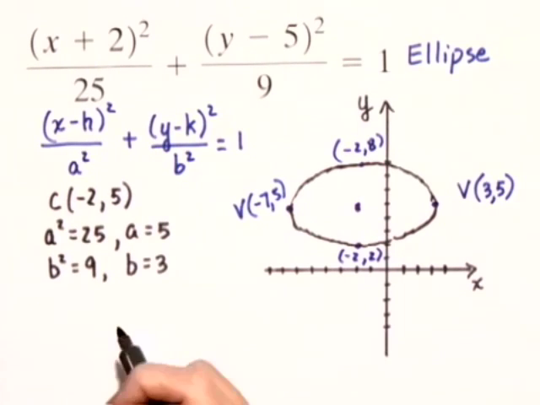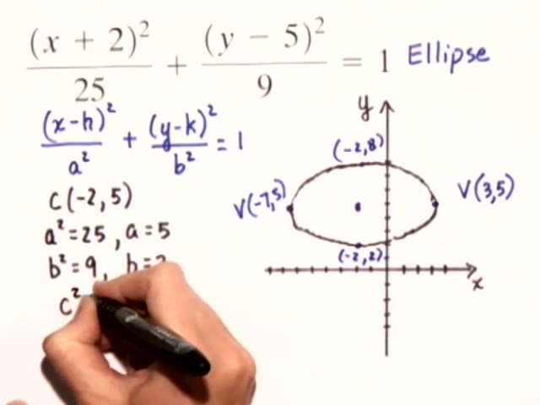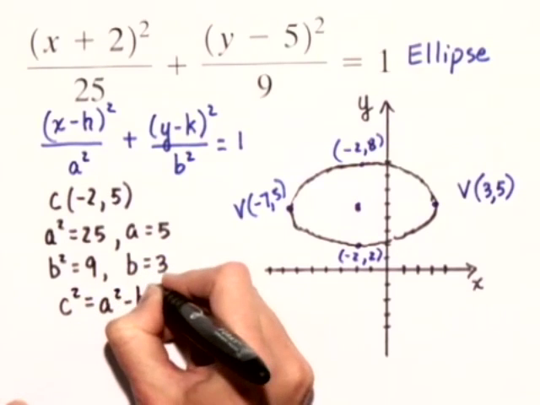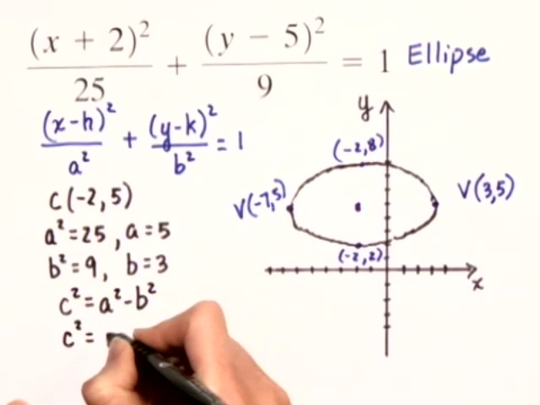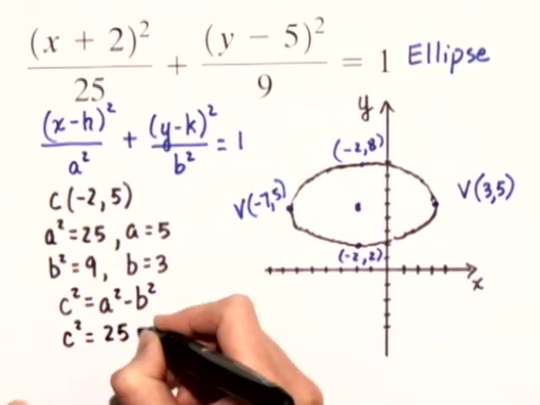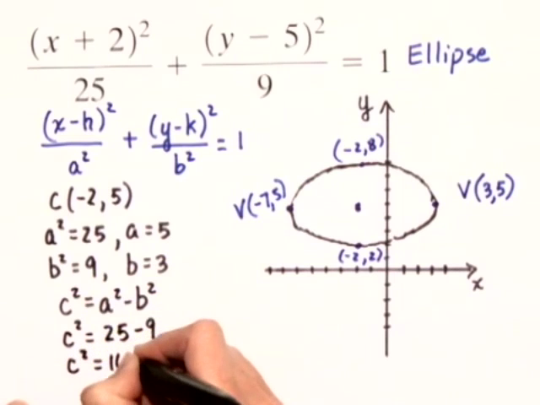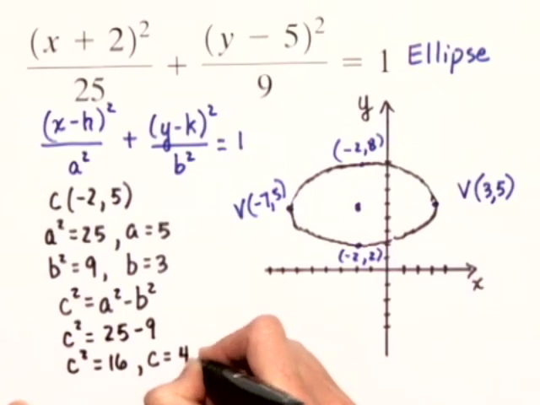So for an ellipse, we have the relationship that c² is equal to a² − b². So c² is equal to a², which is 25, minus b², which is 9. So in our case, c² is equal to 16, or c is equal to 4.